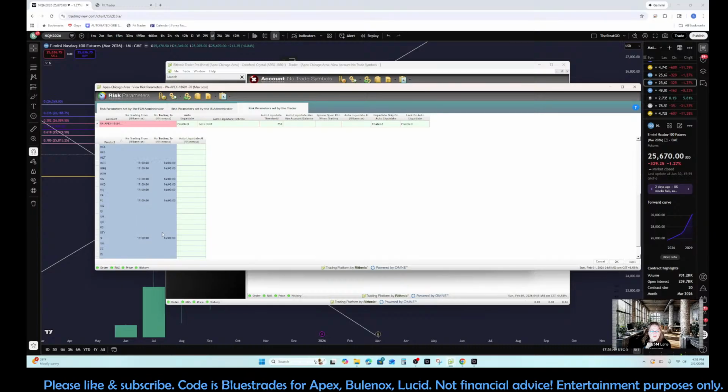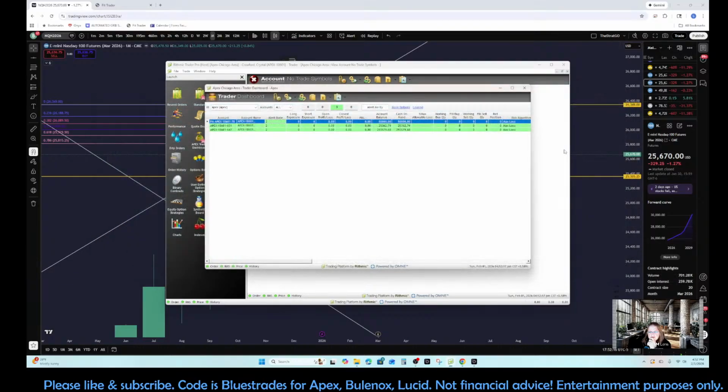Let's see if I can figure that out, how to go into MES and limit the number of contracts I can trade. Where is it? Here it is. Yeah, I don't see any menu options for that, so I'll just leave it as is.